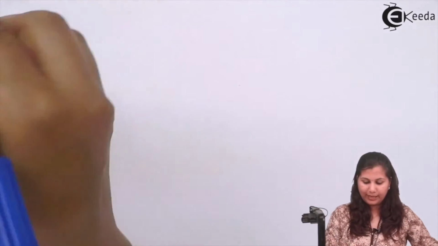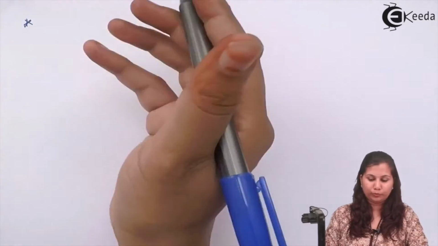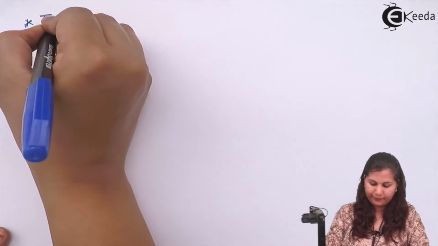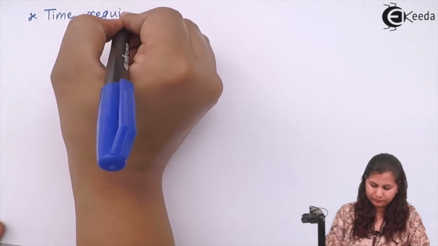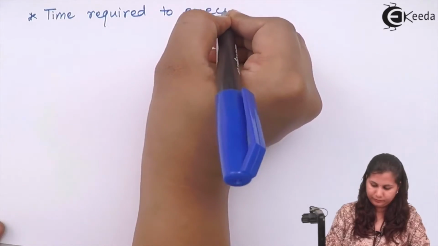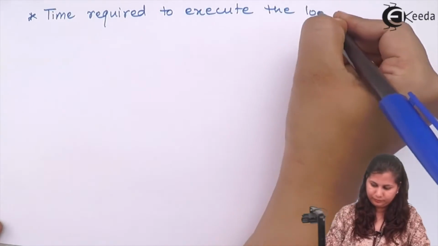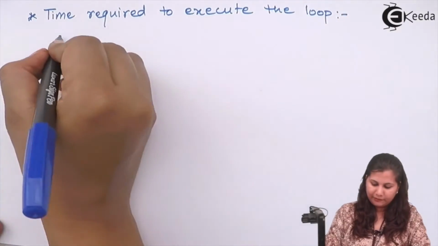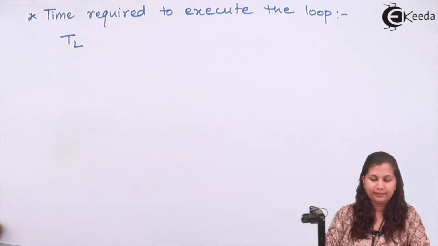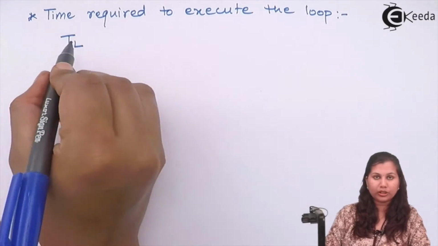Now comes the time to execute the loop. This we will denote as TL, the time required to execute the loop.